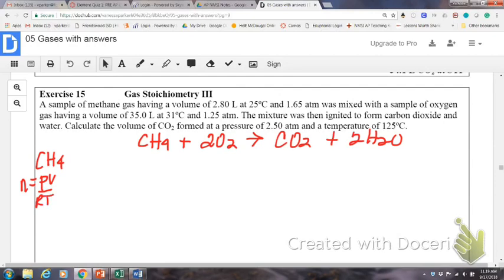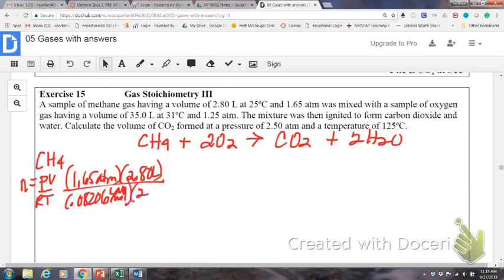What they gave us was 1.65 atmosphere, a volume of 2.80 liters, and then 0.08206, and then 298.